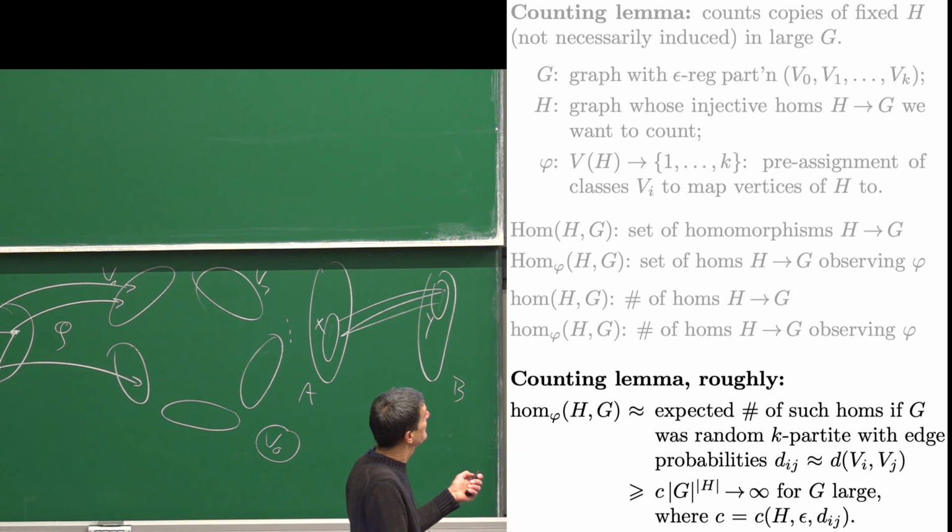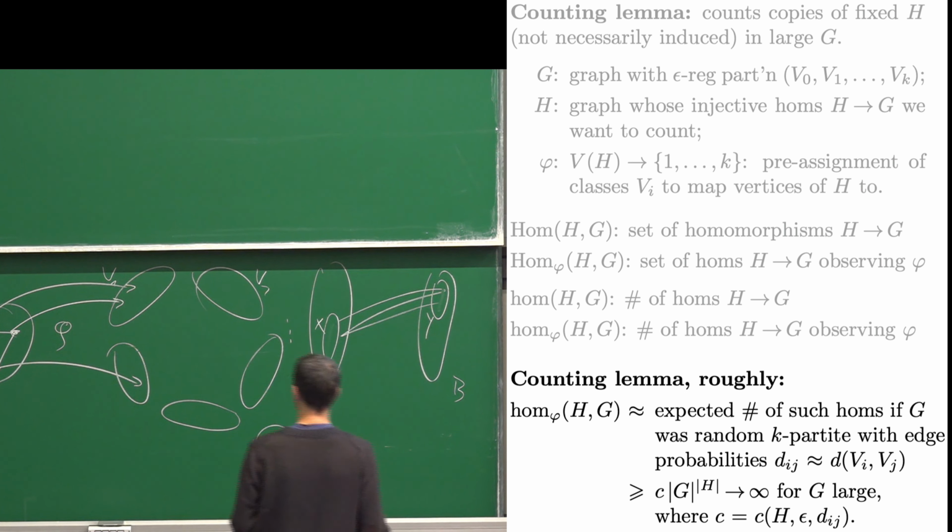So little hom_phi(H,G) is roughly the expected number of homomorphisms we would get if G was a random k-partite graph, with edge probabilities the densities between the classes.